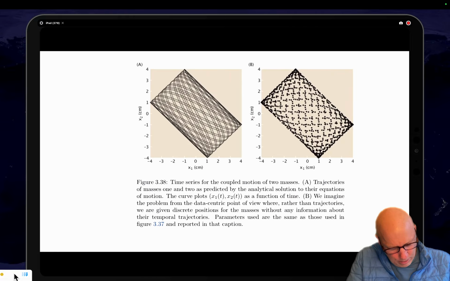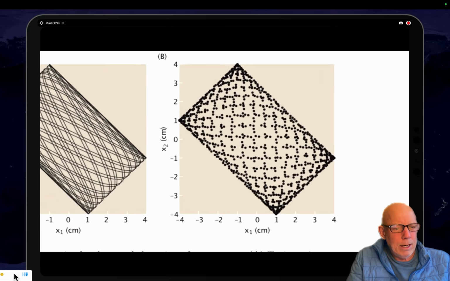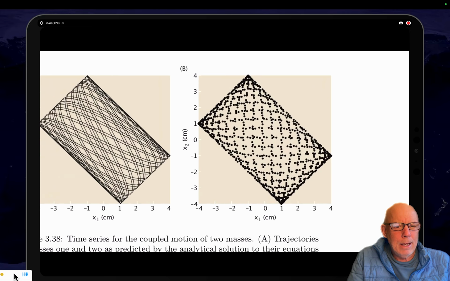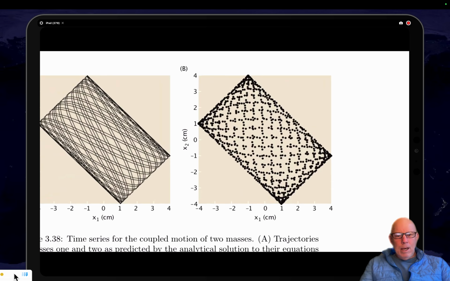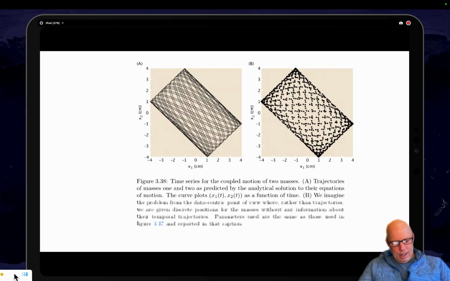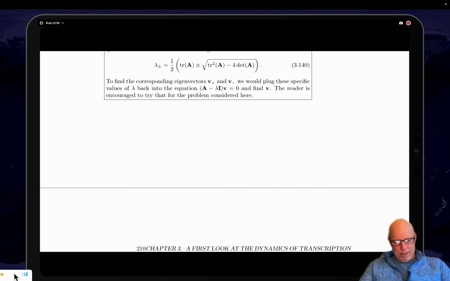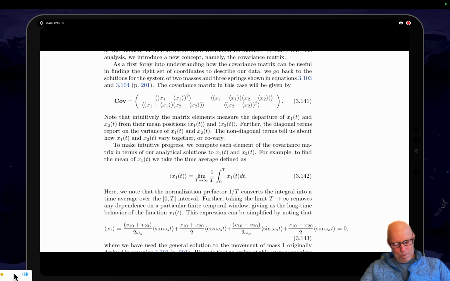I can take the data as data points and compute what x1 average is. You can already see it by eye; it looks like x1 average is maybe about 0. Then, given that data, we can compute a numerical value of the covariance matrix and go from there.